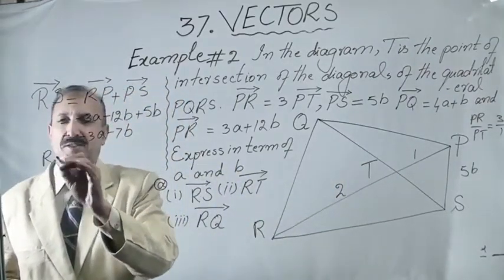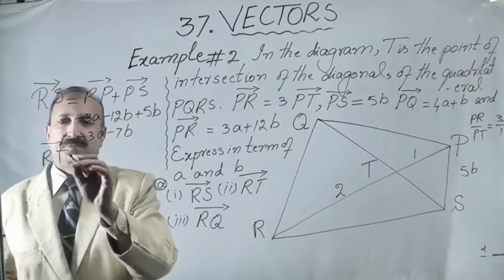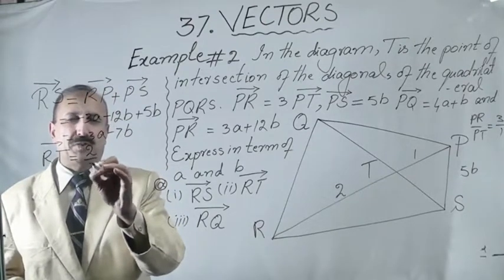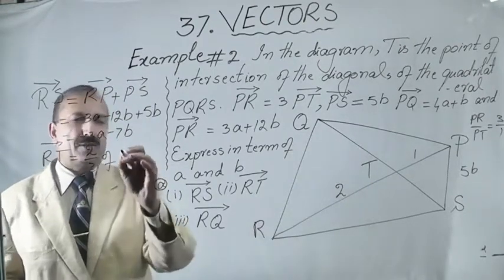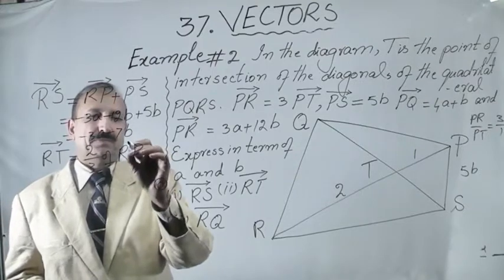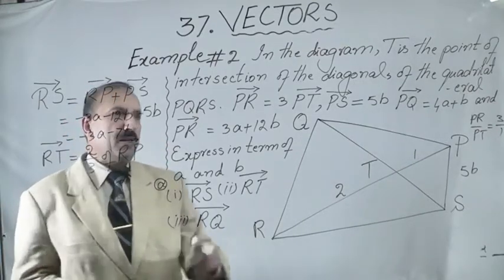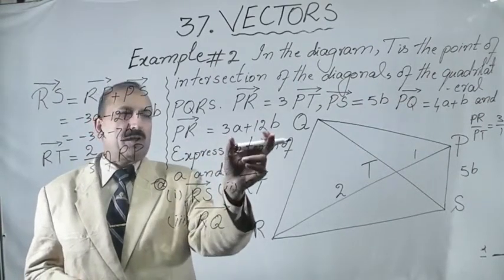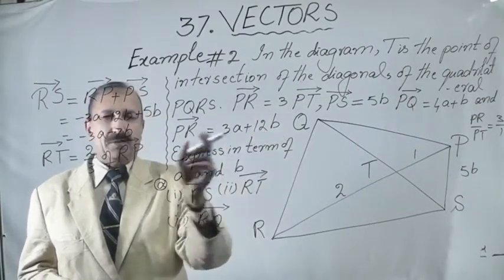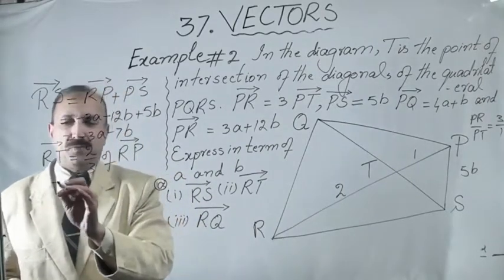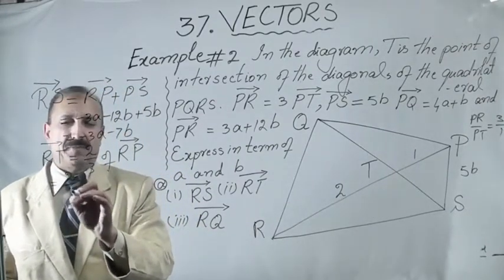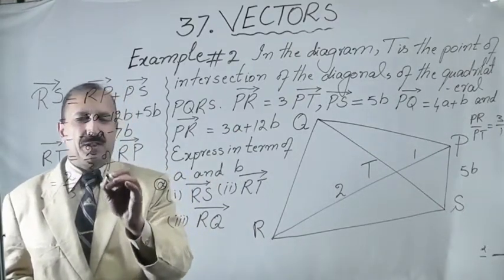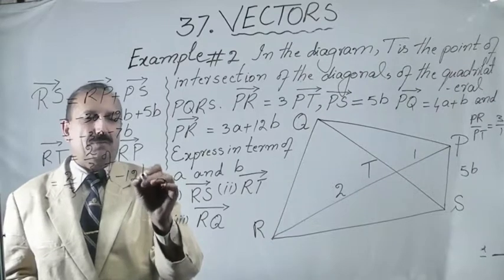So RT vector is equal to 2 over 3 of total vector RP. PR is already given here, and we need RP, so we will write here 2 over 3 in place of here minus 3a minus 12b.